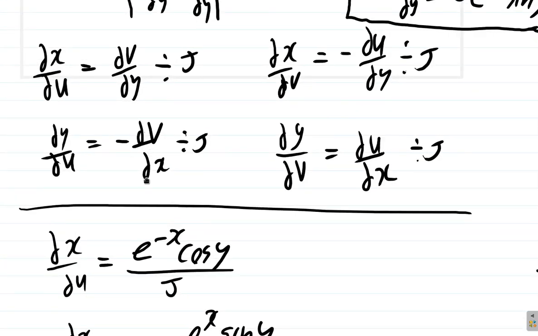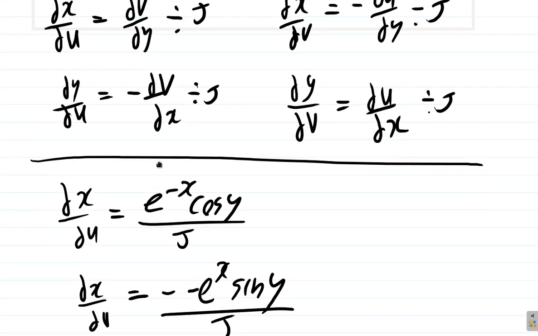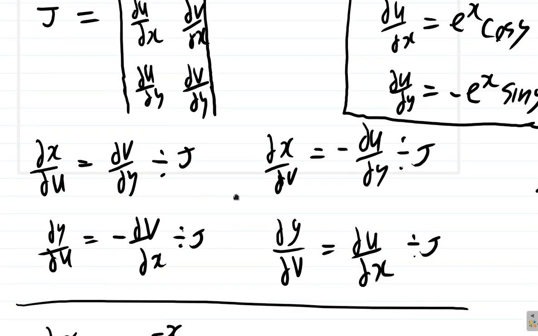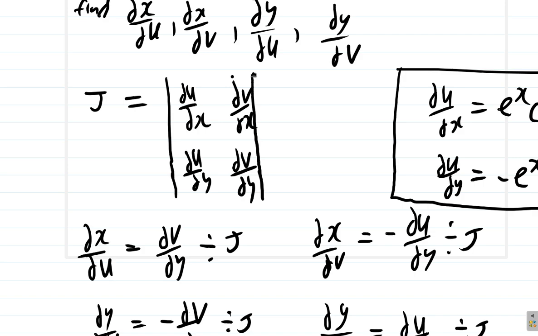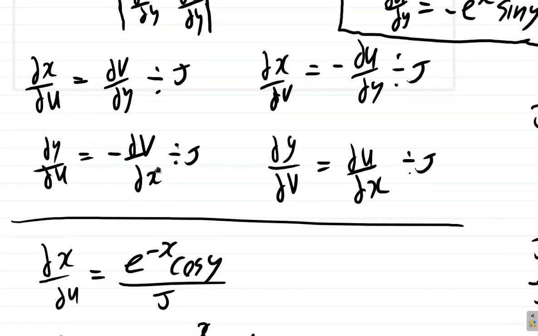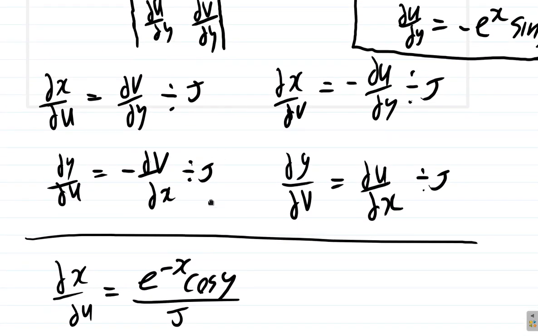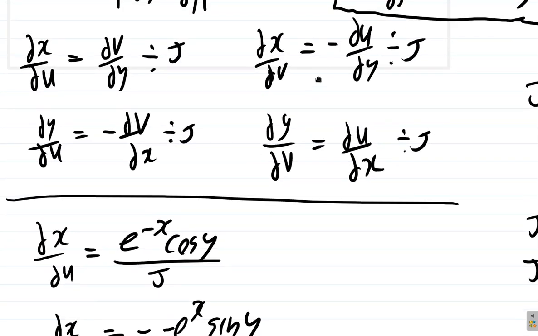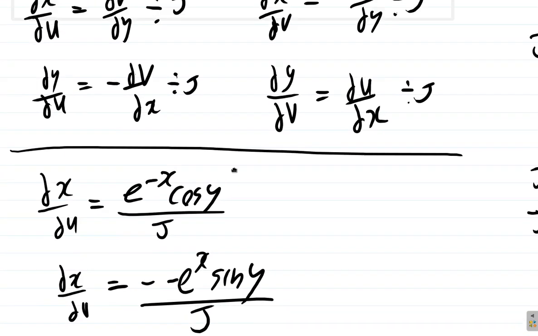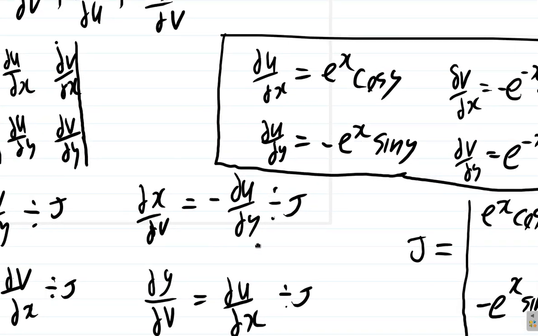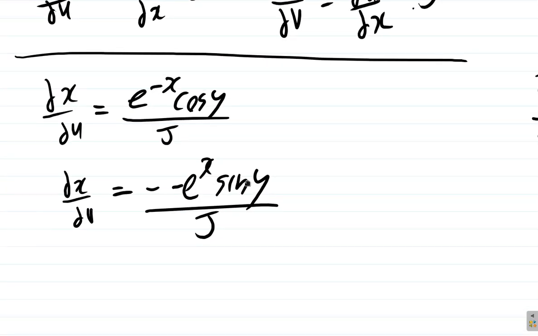After that, what do we want next? We want the next result, delta y by delta u. What did we get a while ago? Delta x by delta v is negative delta u by delta y, negative e to the negative x sine y.